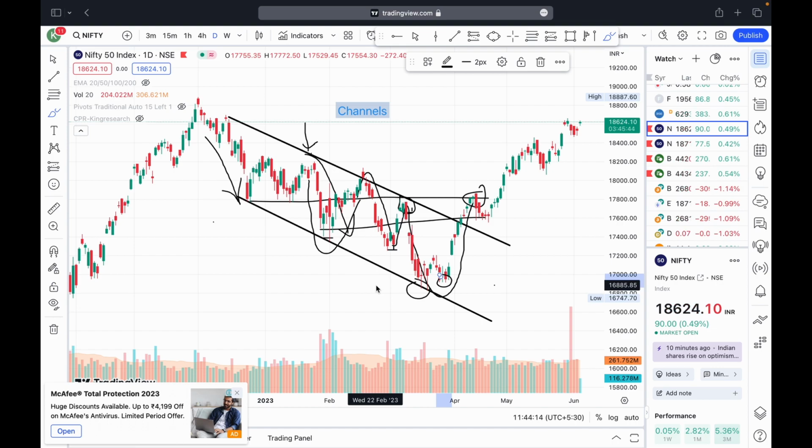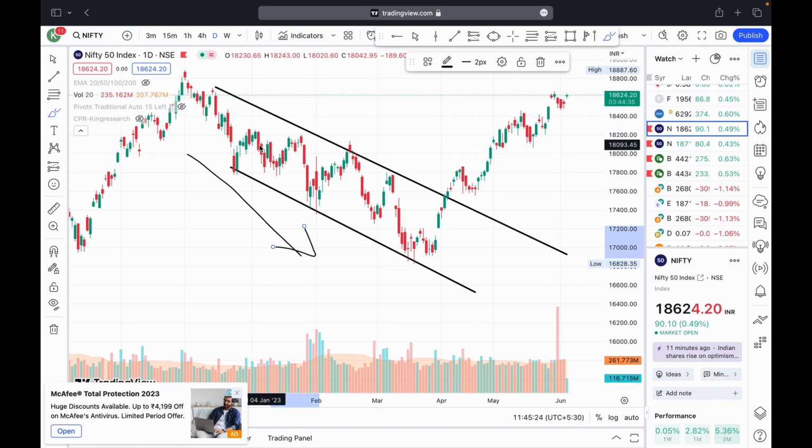And there is one more thing that I'd like to tell you before we move to the range markets, sideways markets, and that is that channels are the indication of weakness in the market. They are having a very hard time pushing the market downside because the buyers are able to push the market upside very deep into the SNRs.